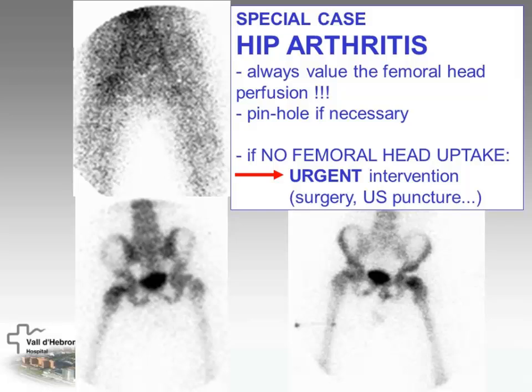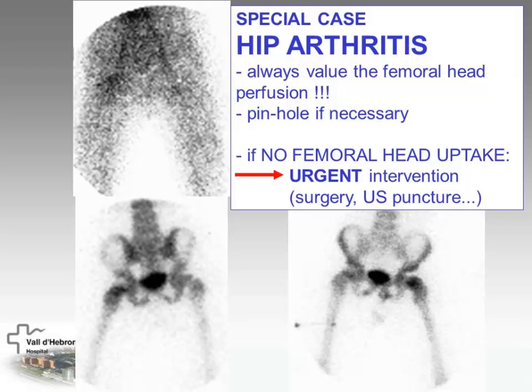Remember that in case of hip arthritis, or in arthritis of the scapula, you always have to evaluate the perfusion of the femoral or the humeral head. Why? Because in case of arthritis, there can be an increase in the pressure inside the articulation, and the perfusion of the head can be decreased or can be zero.